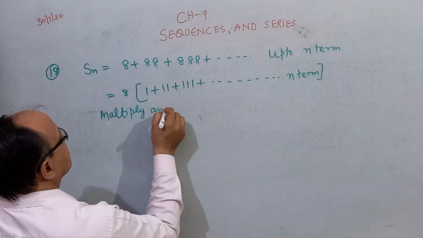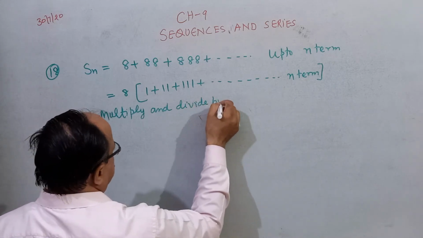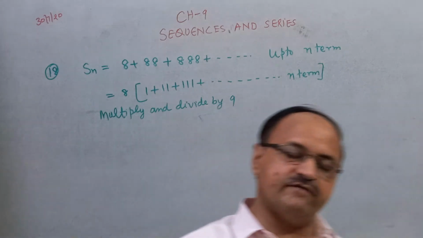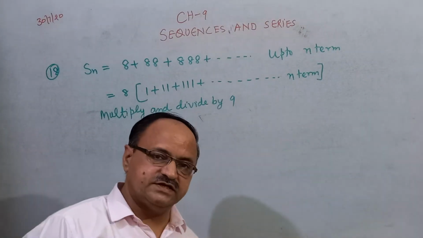Multiply and divide by 9. In this type of question, in every question, multiply and divide by 9.